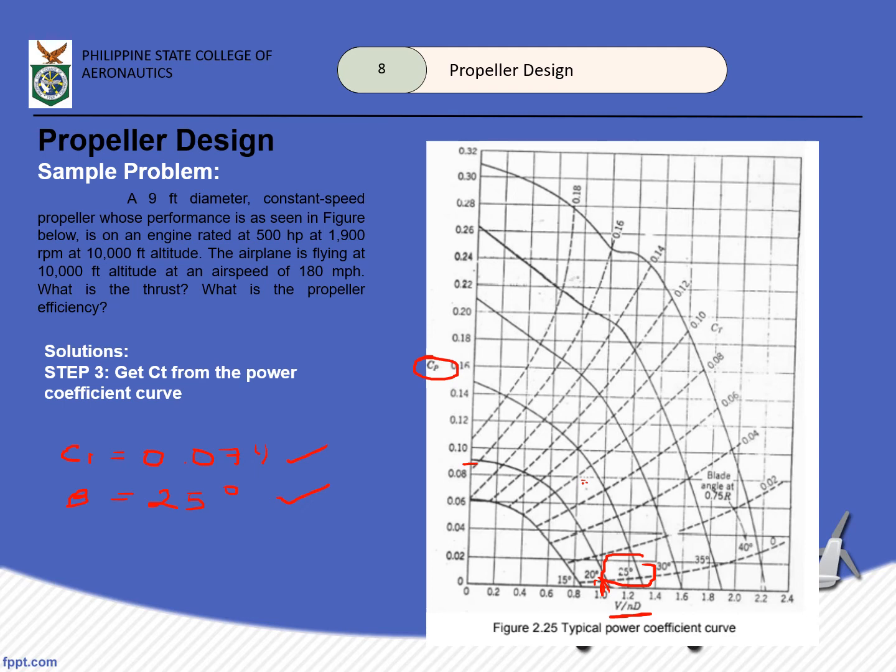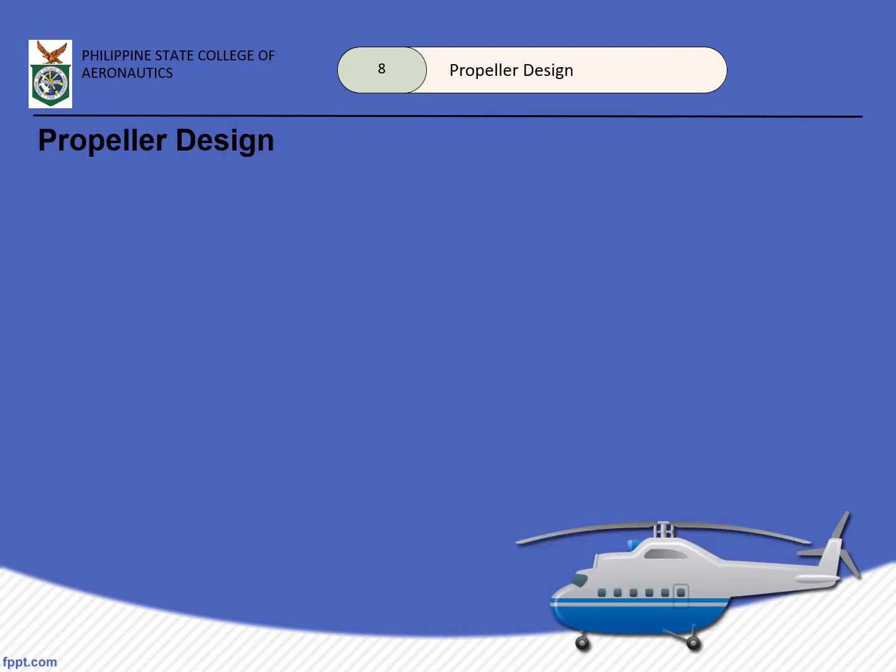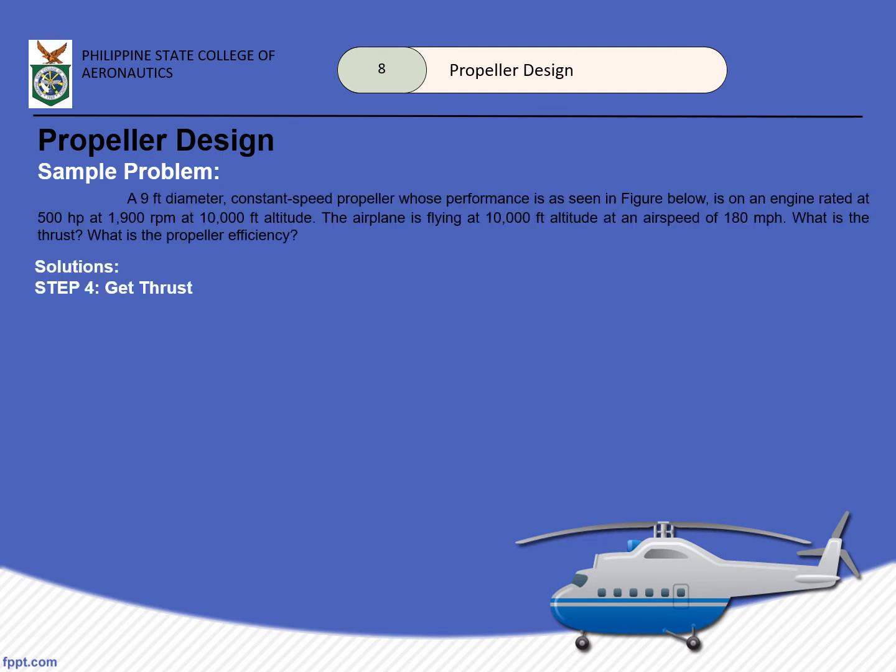What is our next step? Our next step is to get our thrust, because we now have all the parameters needed. How do we get the thrust? Thrust is density multiplied by thrust coefficient, N squared, and D to the fourth. Substituting our values: the density we solved earlier at 10K, 0.0001756, I think.